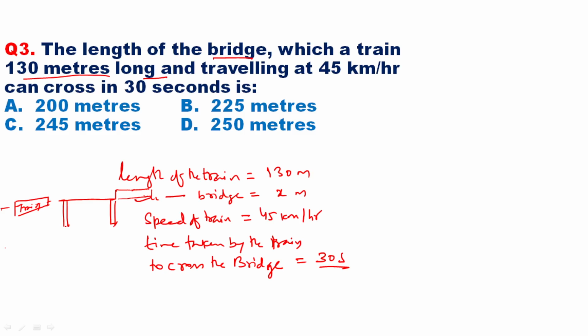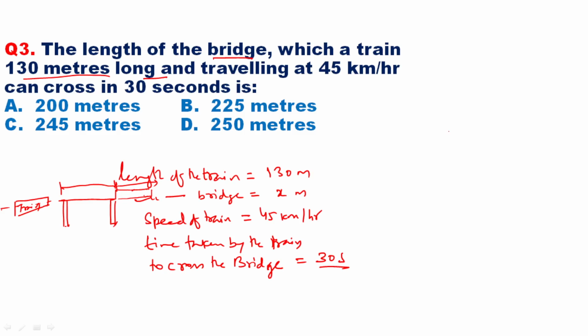So the total distance will be the bridge length plus the train length, and that time is 30 seconds.